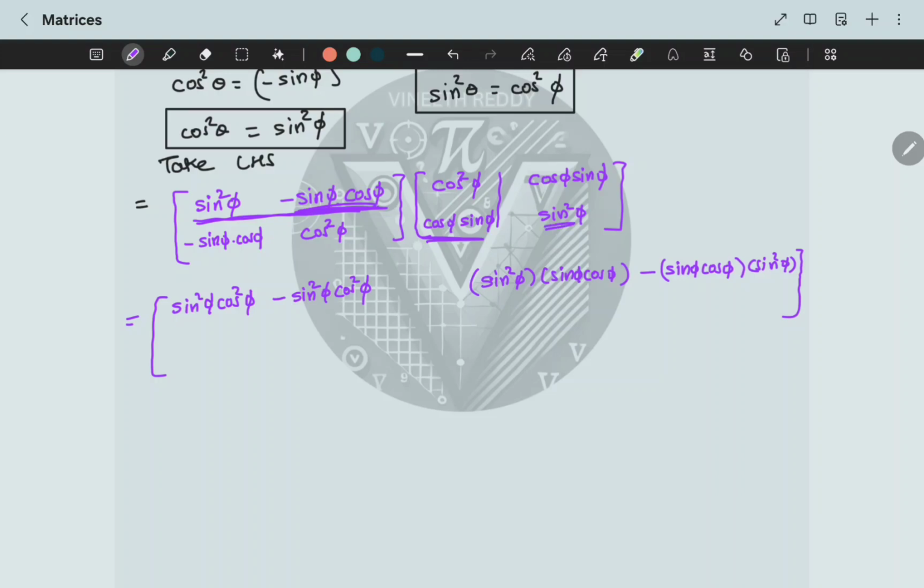నెక్స్ట్ ఇక్కడ ఏం రాస్తాం? సో నౌ సెకండ్ రో విత్ ద ఫస్ట్ కాలమ్. సో ఇక్కడ మల్టిప్లై చేయాల్సింది మైనస్ sin 5 cos 5 ఇంటూ నౌ ఈ ఎలిమెంట్ వీ నీడ్ to multiply this element with this element firstly.